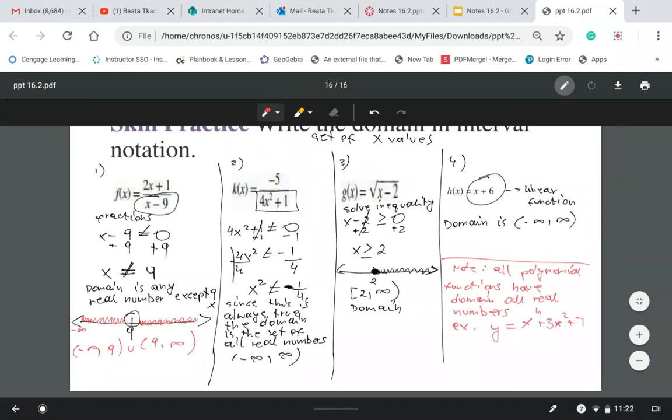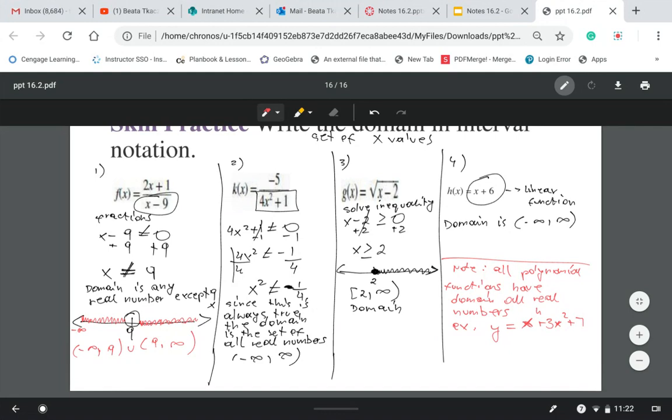Functions like that, again, I'm trying to give you enough information so you have all possible examples which can happen on homework or on a test. Functions like that also have a domain of all real numbers, because look what happens. We can plug in for x any value we want, and we always will be able to find the y coordinate.